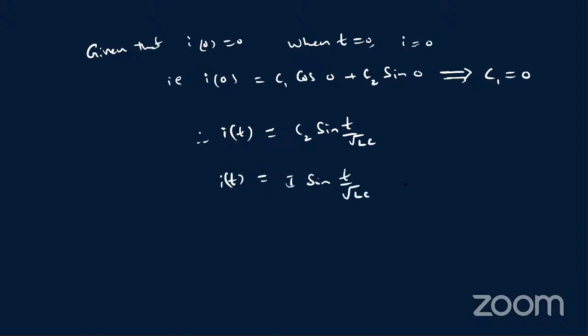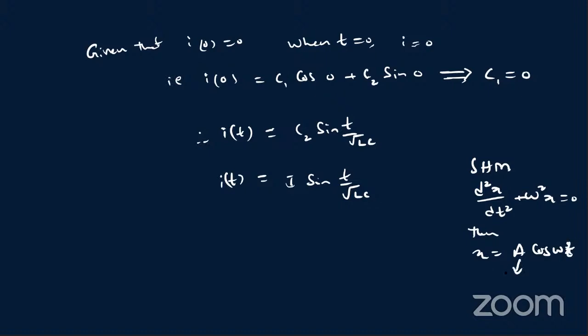Here I need to explain that for simple harmonic motion, the equation for SHM is given as d square x by dt square plus omega square x equal to 0. For this, the solution is given as x equal to a times cos omega t, where a indicates amplitude or maximum displacement.